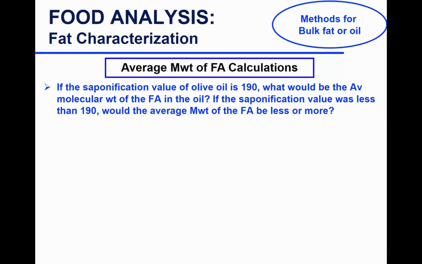Your calculation should give you the triglyceride molecular weight, and from there you plug in the molecular weight of glycerol, which is 92. The molecular weight of water is 18. Then you can get the average molecular weight of fatty acid.